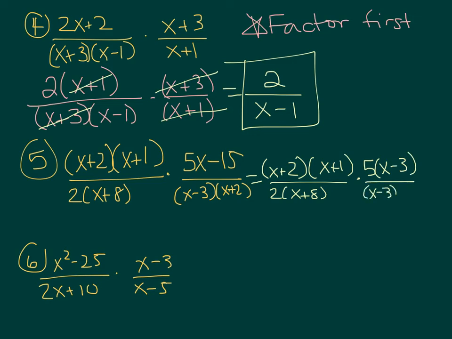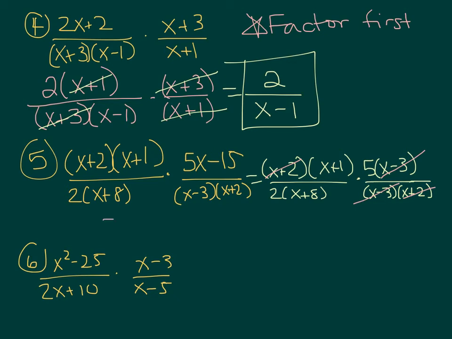You also can now simplify some stuff by cross-canceling. So I can cross-cancel my x plus 2 and my x plus 2. Another thing you may or may not have done, but now you know that you can do it, is you can actually cancel things out that are right one above the other. So x minus 3 and x minus 3 can cancel each other out.